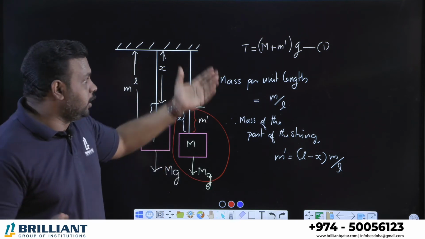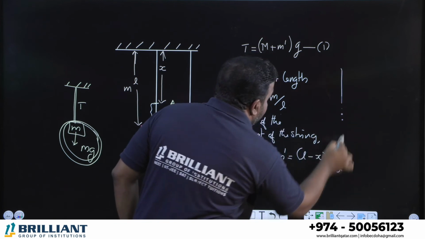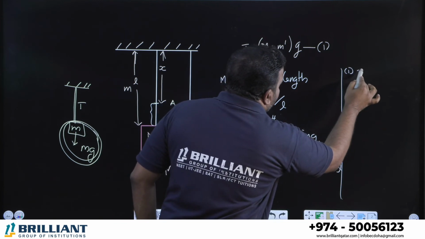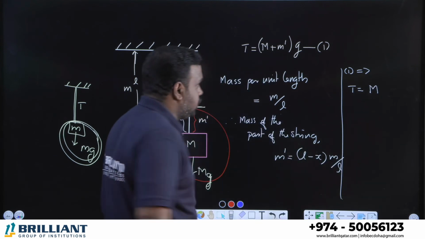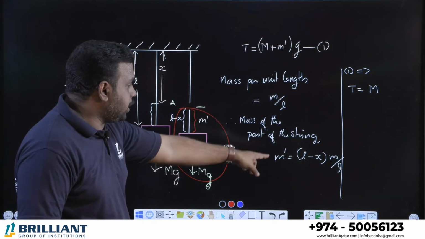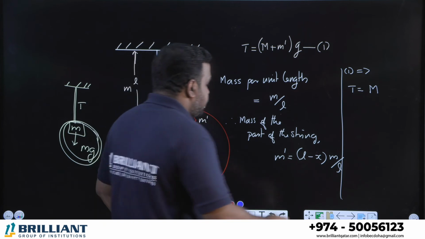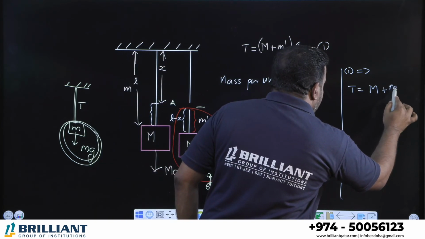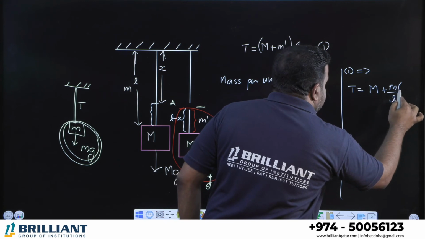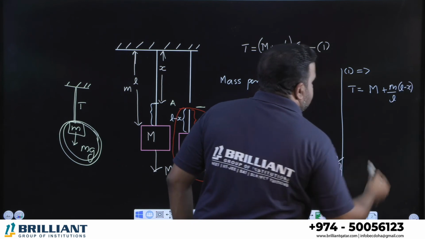Once you get the mass, we can easily find tension. Let's go back to equation number 1. Equation number 1 can now be written as T is equal to M, capital M, the mass of the block which is attached, plus m dash. What is m dash? Look at that. M dash is m by L into L minus x.